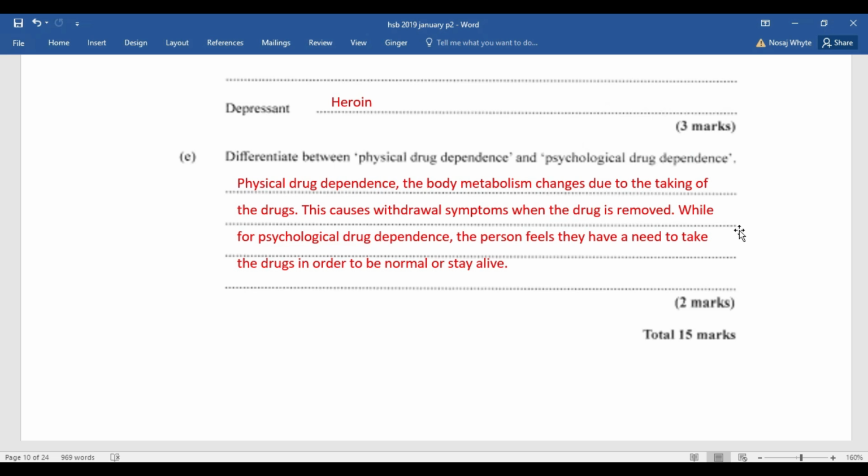Now this causes withdrawal symptoms when the drug is removed, while in psychological drug dependency, the person feels they have a need to take the drugs in order to be normal or stay alive. So one will change how the body functions, and that is pretty much in the physical stage. However, the other one is just a concept of the mind.